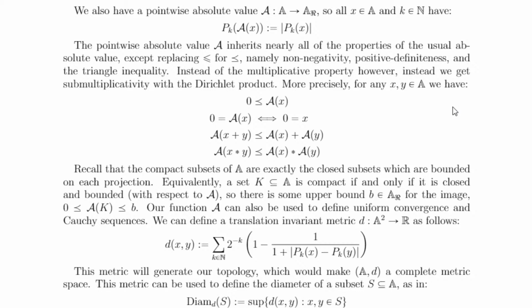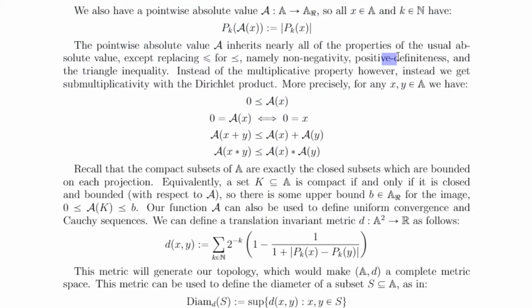So it'll be non-negative, of course, because we're taking the absolute value on each projection. It'll always be positive on each index. So not only will it be real, but it'll be positive. And so that's this first one.